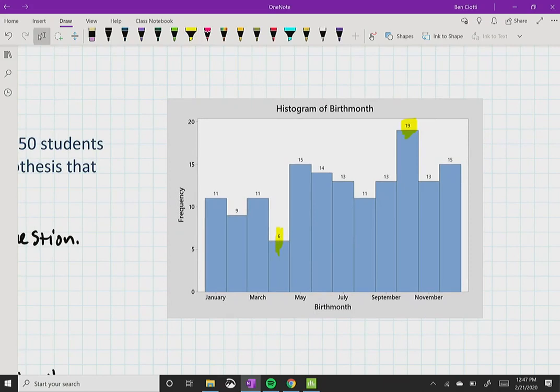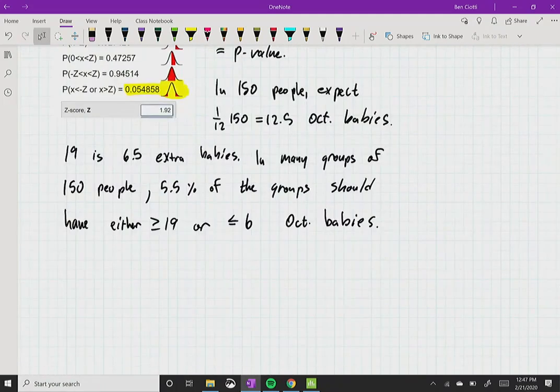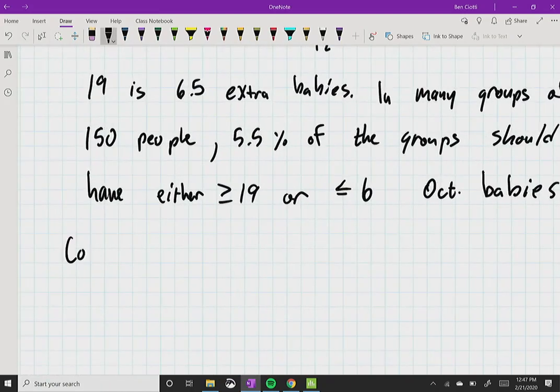Yeah? Good. Yes, exactly. So that's what I need to get to right now. So do we reject it or not? What's our conclusion? Well, what do you think? What did I say the standard cutoff was? 5%, good.